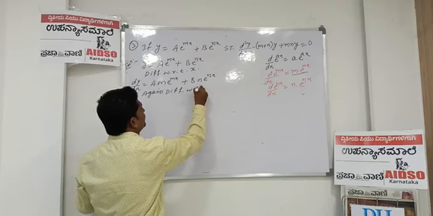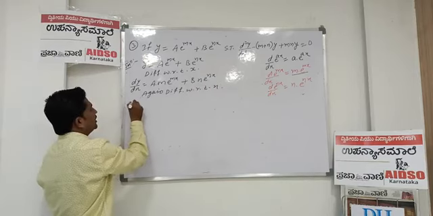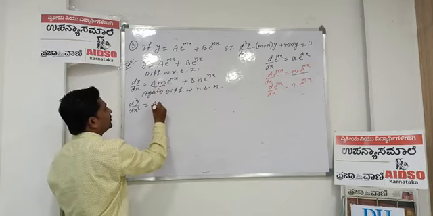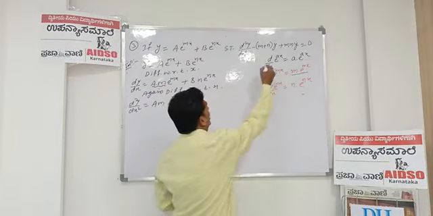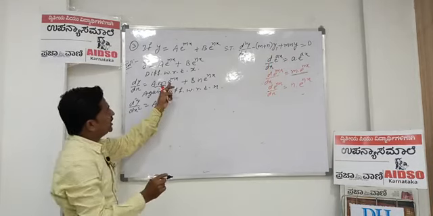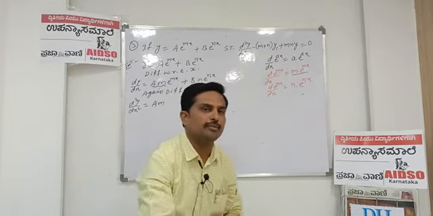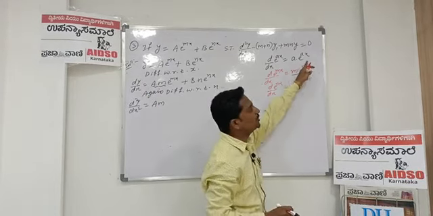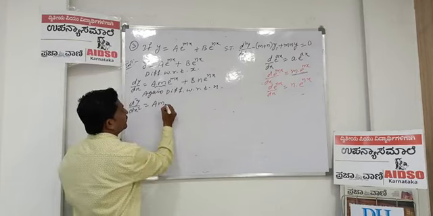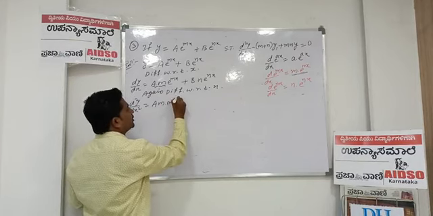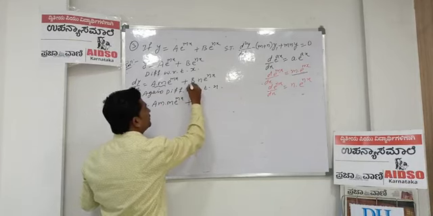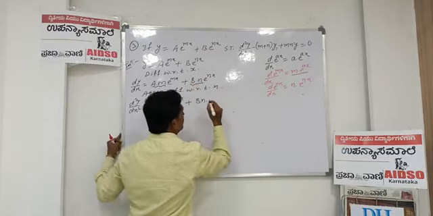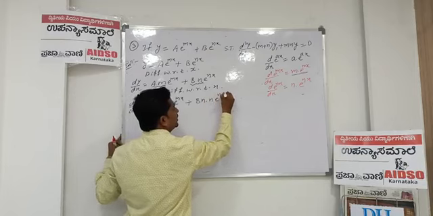So d square y by dx square is equals to, now this am we can keep as it is, that is the constant form, and then e to the power mx. We already know the derivative of e to the power mx, that is m into e to the power mx, plus bn we can keep as it is into e to the power nx. The derivative of e to the power nx is n into e to the power nx.